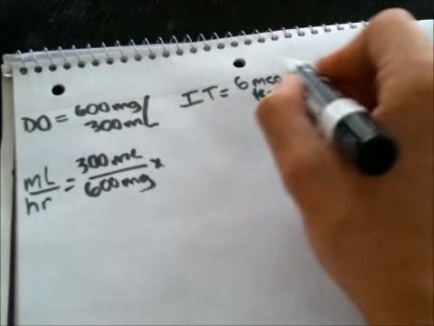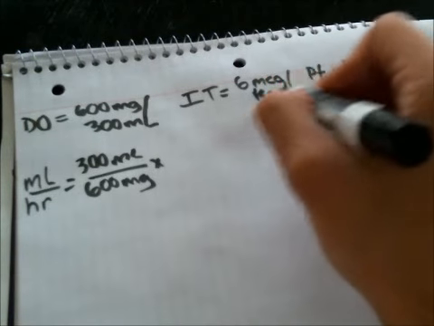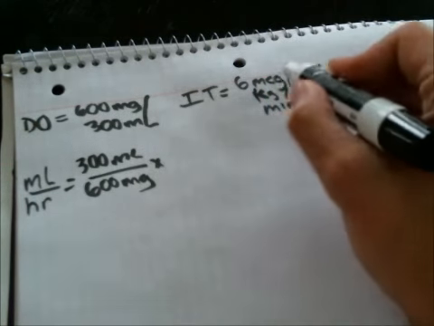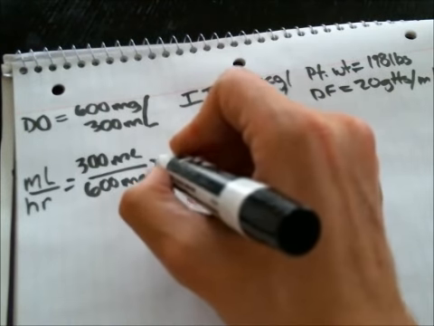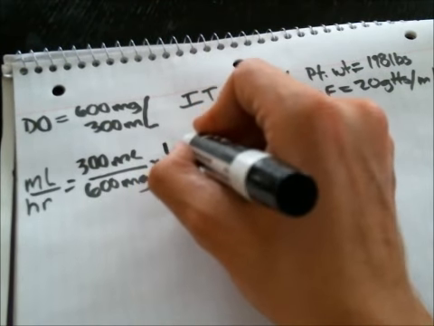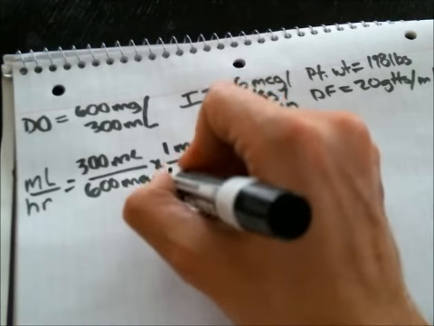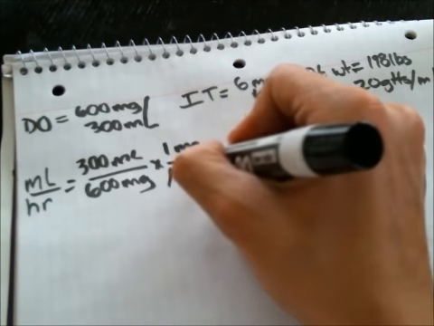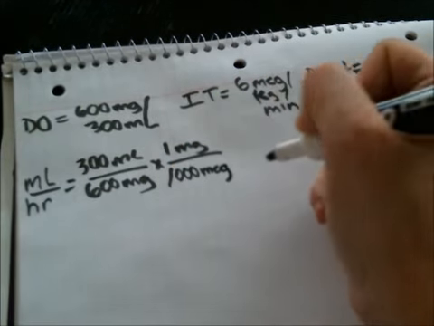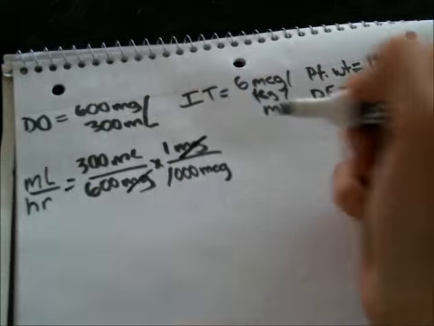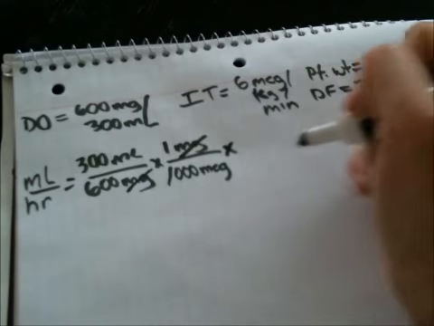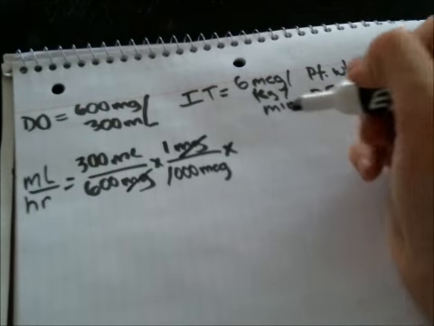Over here in the other information we've got micrograms. So we have to do a conversion. We'll know that 1 milligram equals 1,000 micrograms, right? So that's our conversion, and now we're done with milligrams. Now we're in micrograms at the bottom.